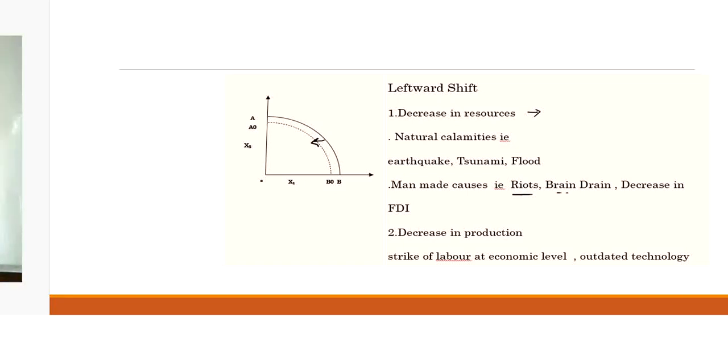Brain drain also decreases our resources. We got training in our country, we became skilled in our country, but we left the country for better opportunities and provide services to another country. This phenomenon is known as brain drain. Due to this phenomenon, our skilled manpower decreases. Decrease in FDI, foreign direct investment: if it decreases, it will decrease the monetary resources of the economy.